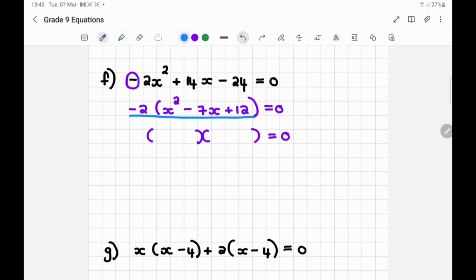Okay, so let me just complete the trinomial over here. So the x splits, the signs are the same, they're both negative. And let's quickly think. 4 times 3 gives you 12, minus 4 minus 3 does give you negative 7. So thus x is either 4 or x is equal to 3.